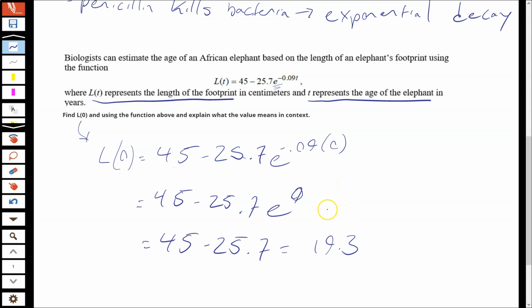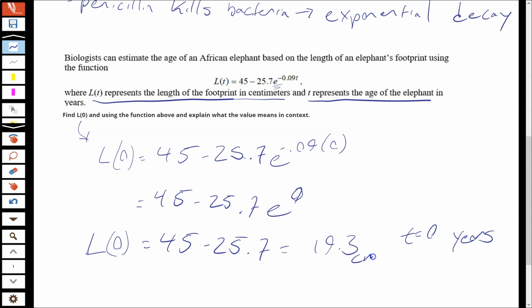So now I need to figure out, what does this mean in context of the problem? Well, remember, this is L of 0. So this is my L value at t equals 0. So I'll write t equals 0. And t represents the age of the elephant, so 0 years. And then 19.3, L of t is the length of the footprint in centimeters.